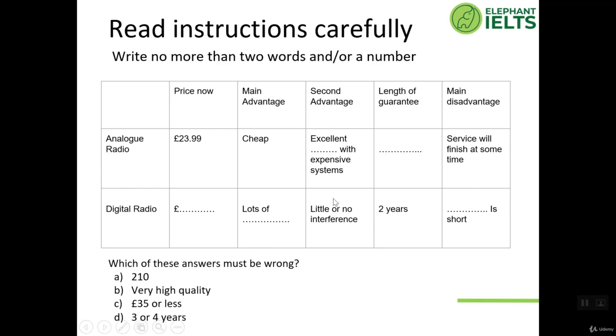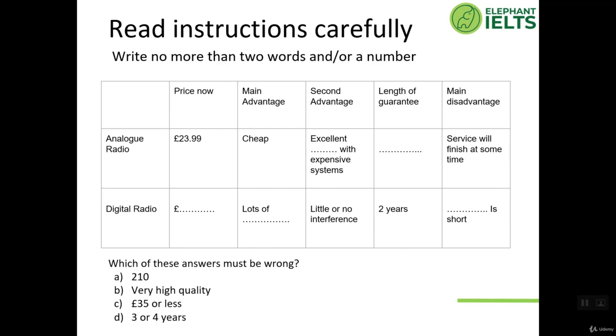Let's look at the next question. It's under the title which says Main Advantage, and it's in the horizontal column which says digital radio. I also think about the part of speech that I need, lots of something. I predict that the something I'm listening for is a plural noun.